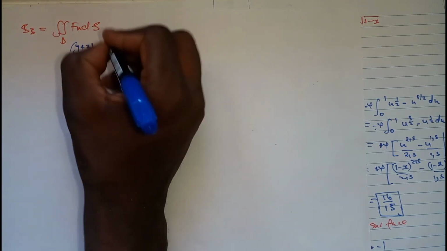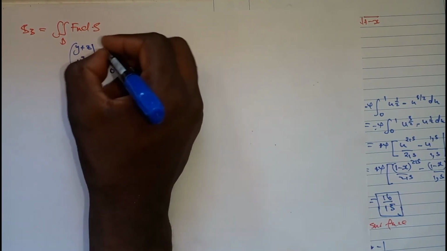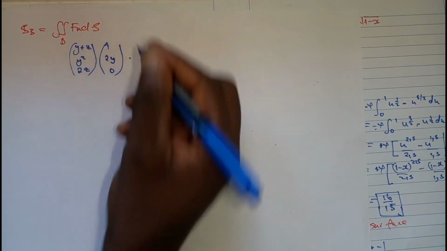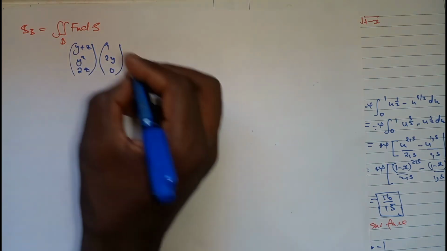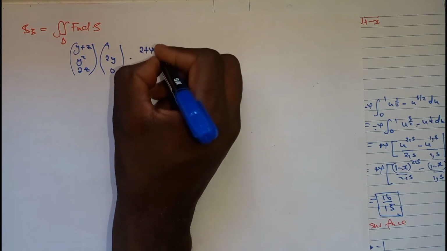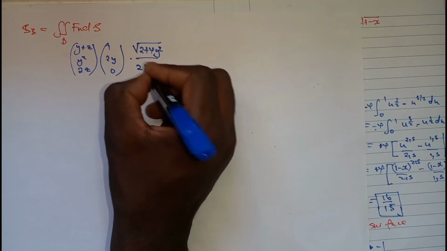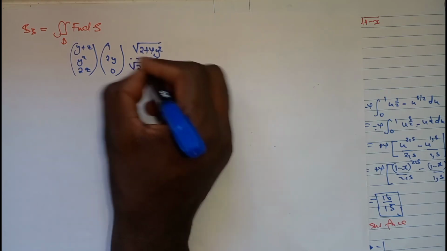The normal is 1, 2y, and 0. And we said ds is going to cancel out with the square root of 1 plus 4y squared over the square root of 1 plus 4y squared.